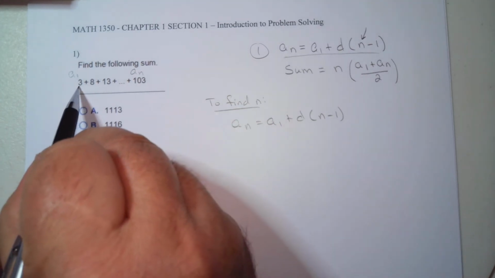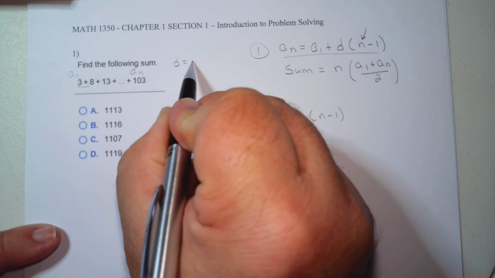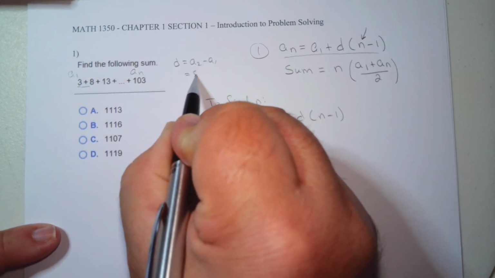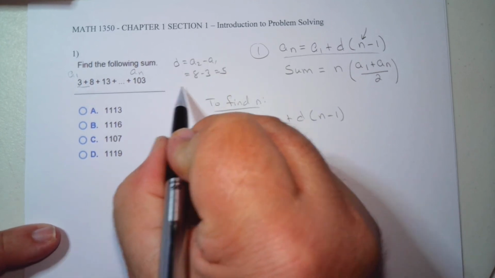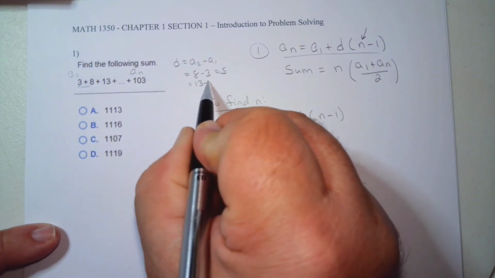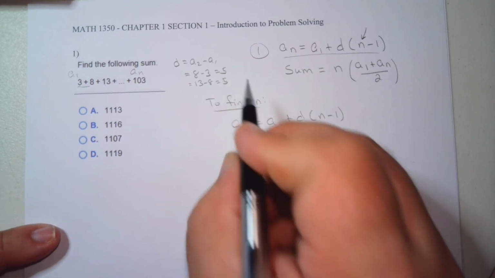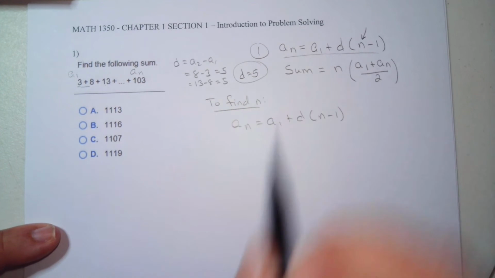What's our difference? The difference is A2 minus A1. So 8 minus 3 is 5. Or 13 minus 8 is 5. So D, our difference, is 5.